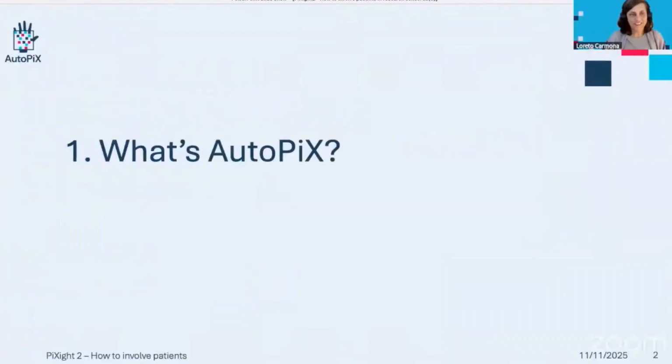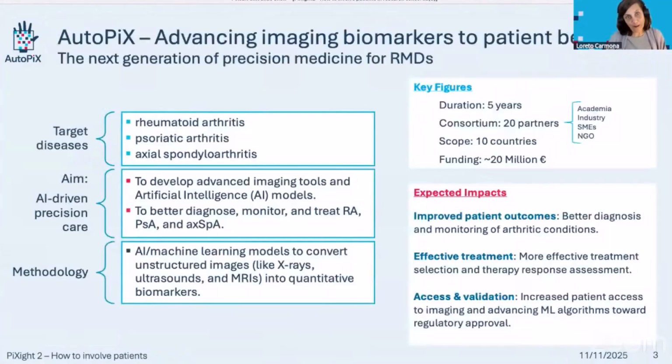Thank you, Francois. So what's AutoPiX, in case you didn't know? This is a very large consortia, a project that's been funded by the Innovative Health Initiative, EU funded, and it's a private public collaboration that targets three diseases: inflammatory diseases, rheumatoid arthritis, psoriatic arthritis, and axial spondyloarthritis, with the aim to develop advanced imaging tools and artificial intelligence AI models, which set the scene for a difficult project to understand from the patient perspective.